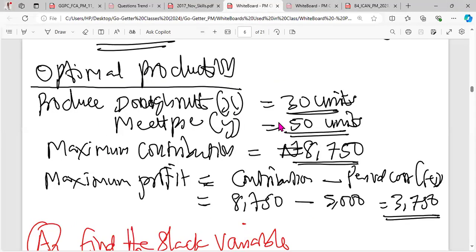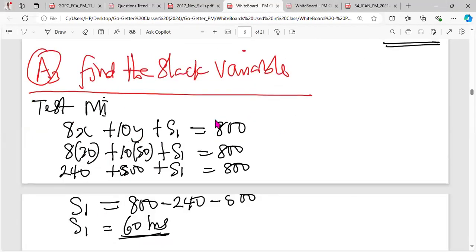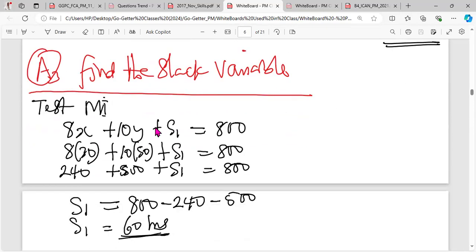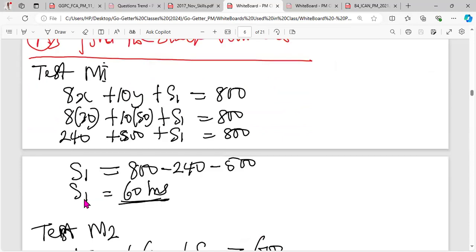Then we went one step ahead to look for the slack variable. And for us to look for the slack variable, we need to test our values for X and Y in M1, M2, and M3. Anyone that gives us something that is not 0 contains slack.